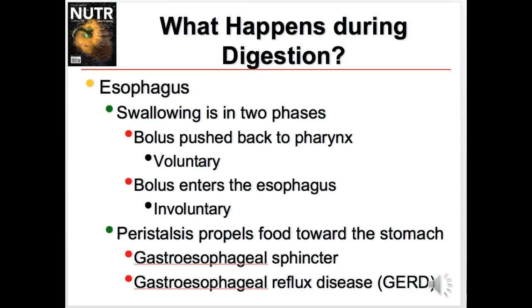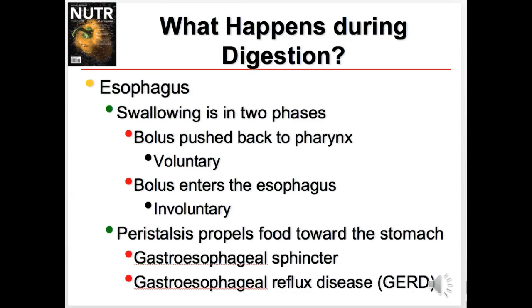It goes into the esophagus. Swallowing is in two phases. The bolus pushes back to the pharynx, and there are voluntary and involuntary things going on there. Peristalsis propels food towards the stomach. We talked about the gastroesophageal sphincter and gastroesophageal reflux disease, which we have probably all heard of by now.